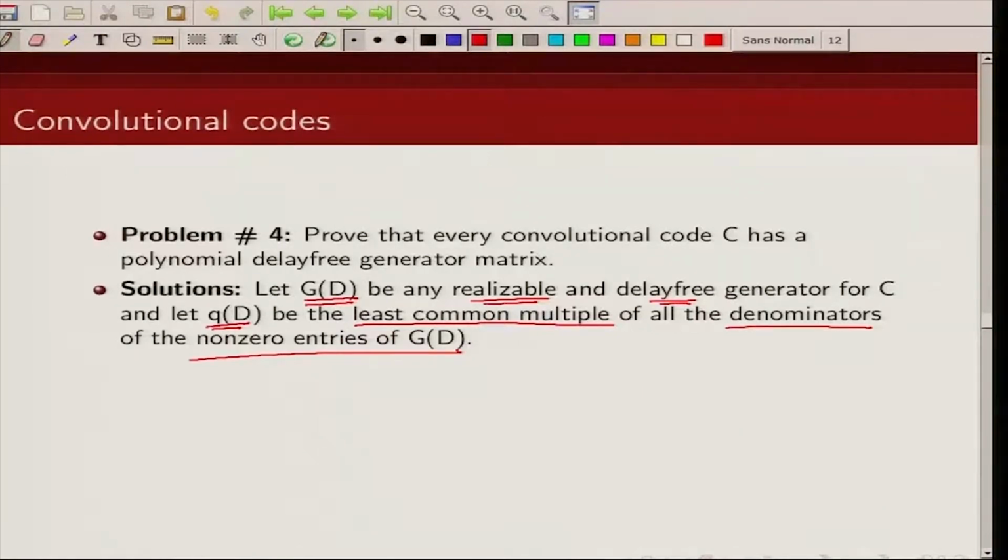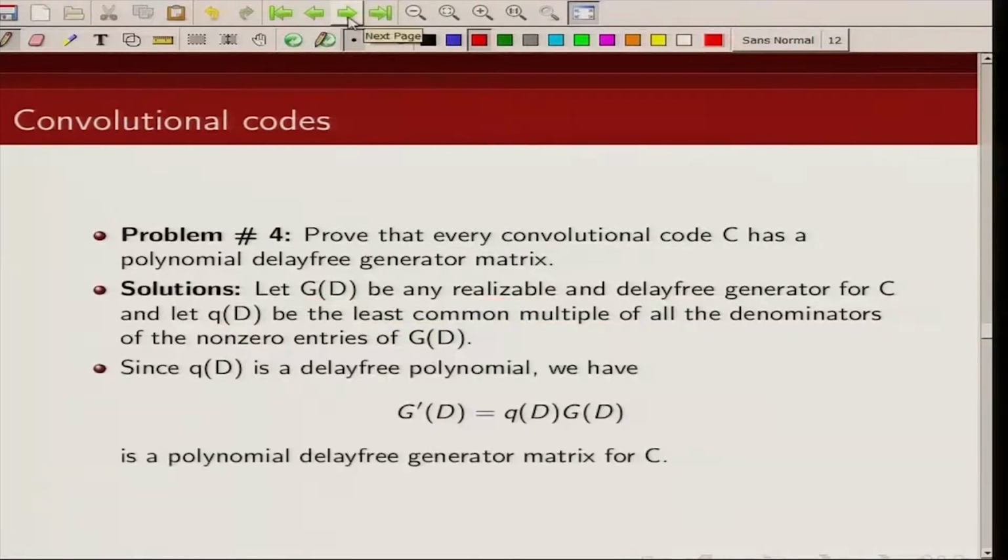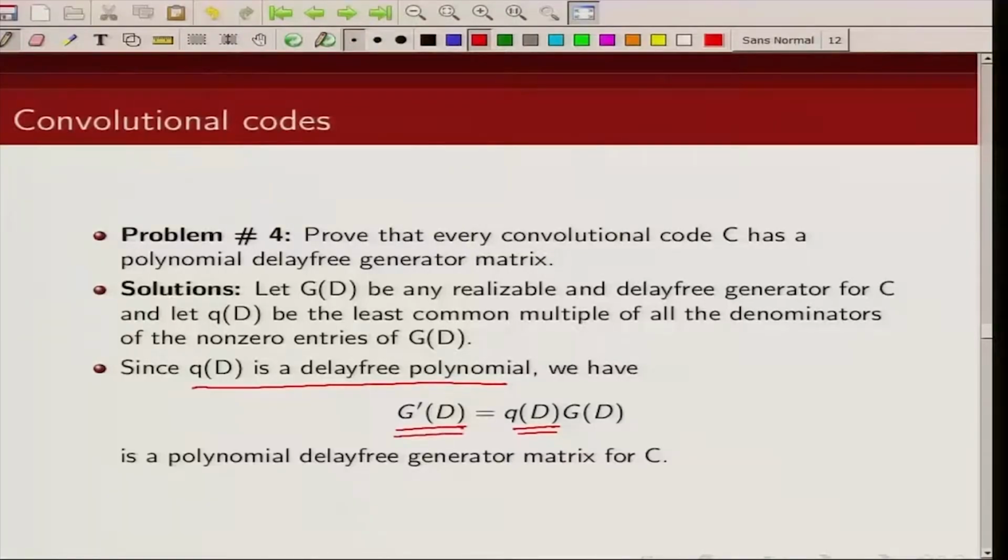G(D) basically has a rational form, and q(D) is the LCM of the denominator terms of the non-zero entries of G(D). So we will have a q(D) which is delay free. If we multiply our original generator matrix by this q(D), we will end up with a new generator matrix G'(D), which will be polynomial and delay free.